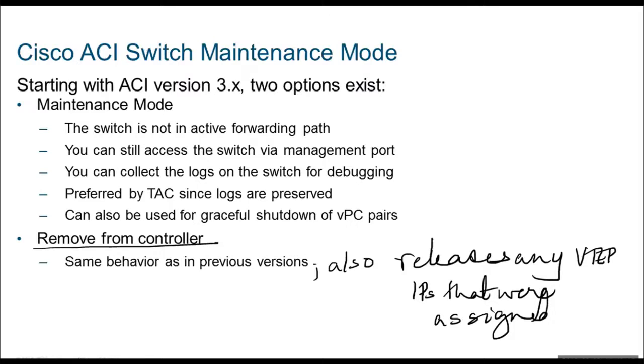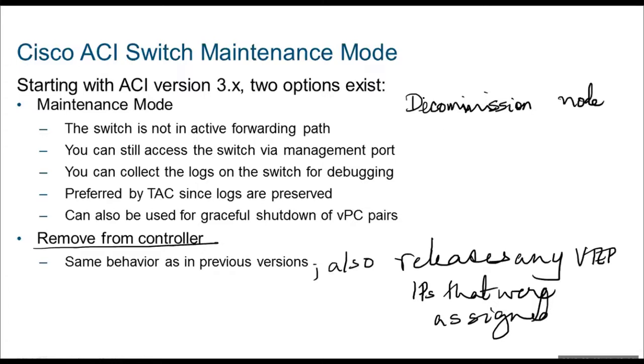Okay. Now, prior to 3.x, there was an option called decommission. And we would use it for maintenance purposes. It basically tells the switch not to send out any faults to syslog or SNMP. The switch does keep its node ID and its membership.